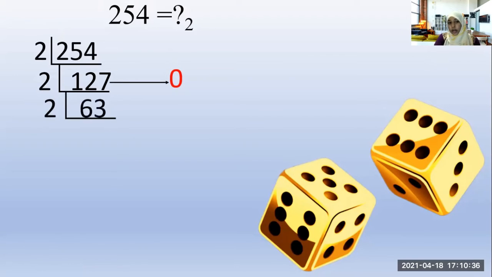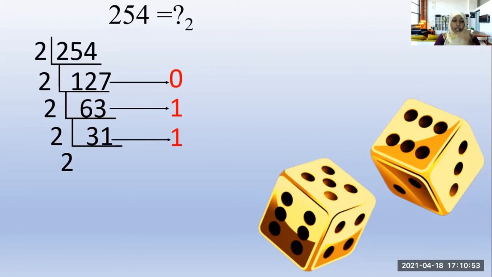How many twos within 1? No. How many twos within 12? 6 times. How many twos within 7? 3 times. How much remaining? 1. How many twos within 6? 3 times. How many twos within 3? 1 time. 1 remaining.